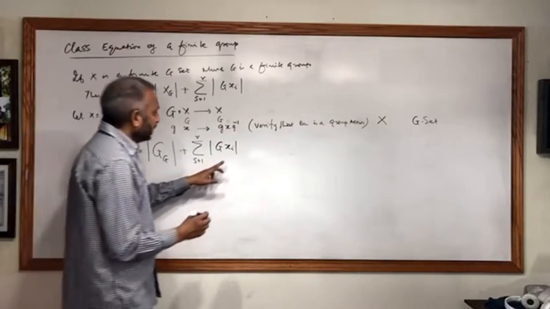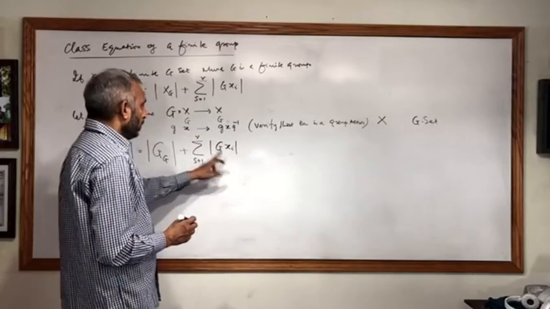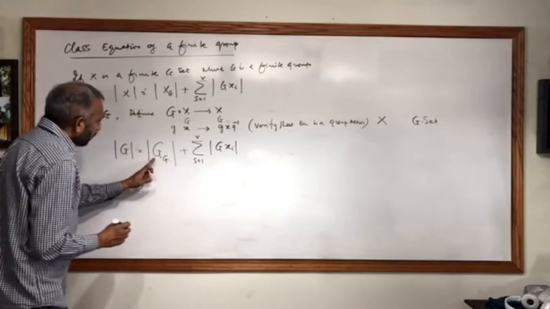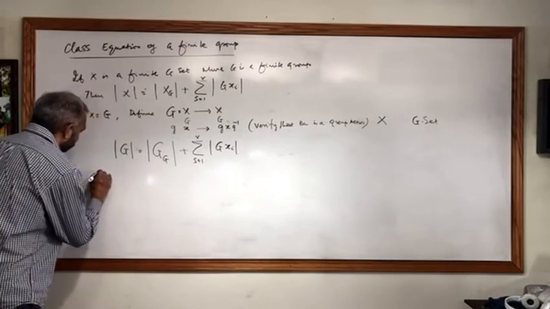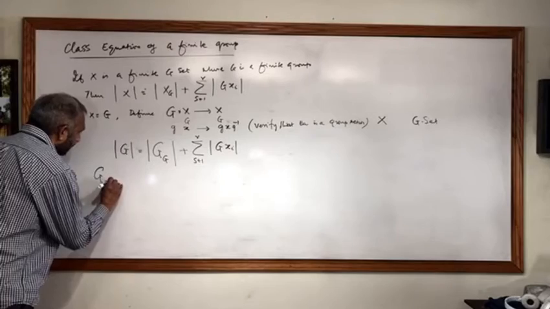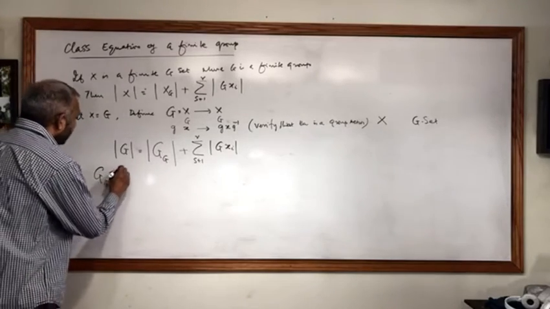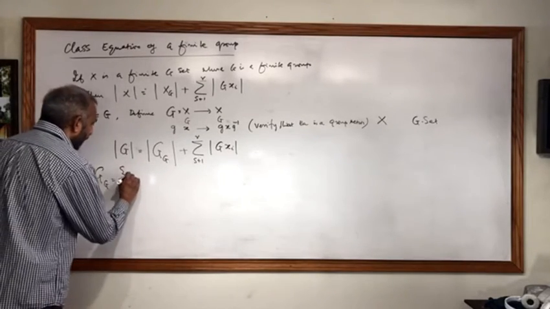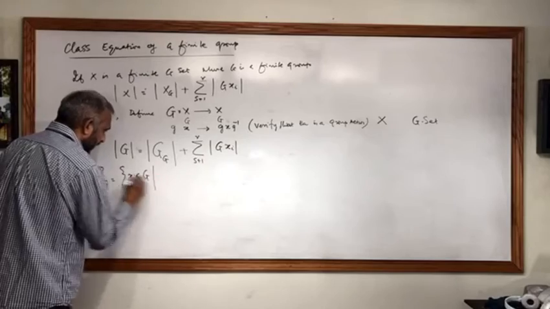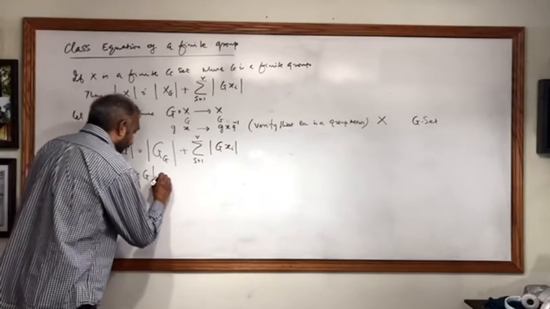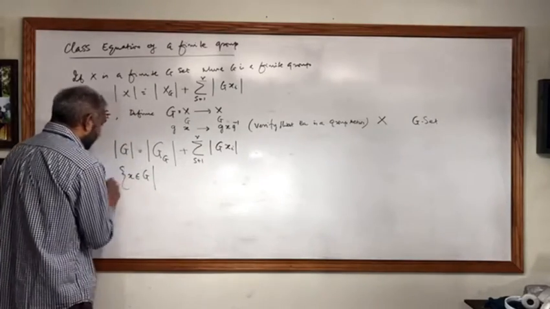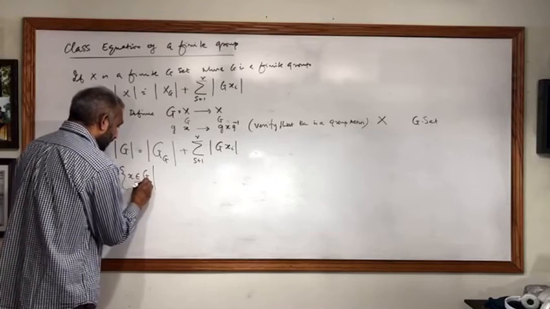And we have another, we'll come to that later. Let us find out first what is Z_G. Z_G is equal to {x belongs to G such that the action of x on G for every element in G is equal to x}.